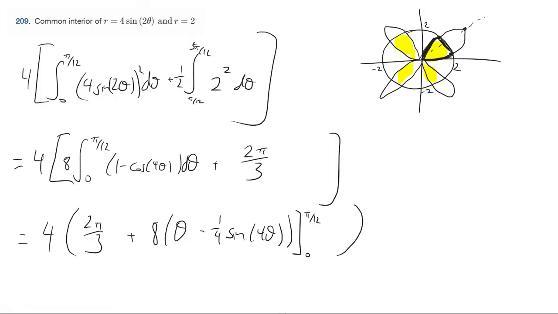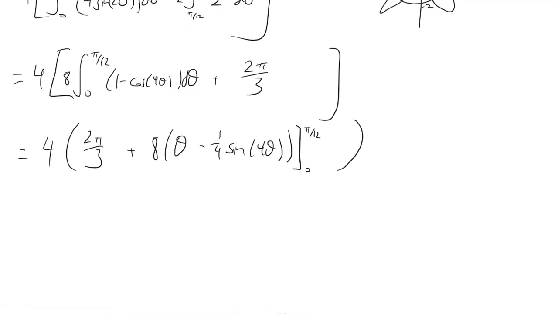So then we get 4 times 2 pi over 3 plus 8 times (pi over 12 minus one fourth times sine of 4 times pi over 12). That's sine of pi over 3, which is root 3 over 2.